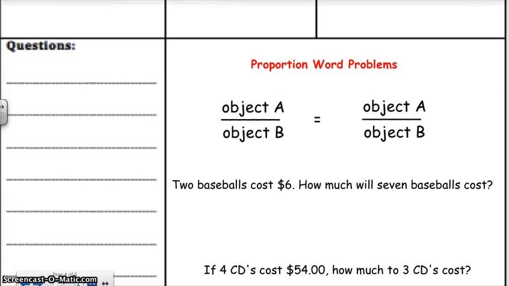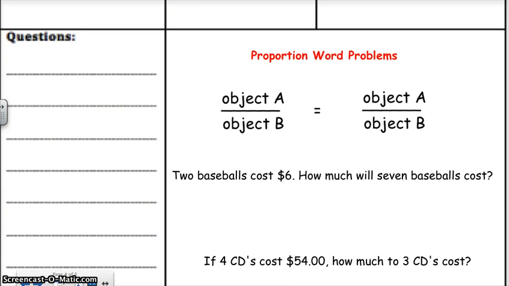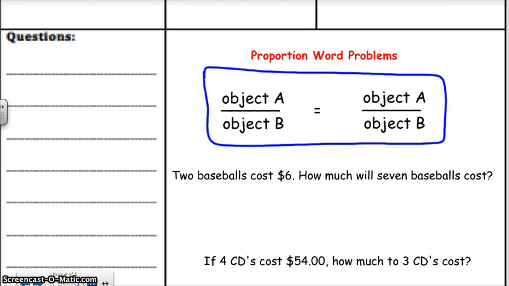Anything related to word problems is really relating it right to real life. So proportions with word problems is really my favorite part of proportions. This is pretty much the generic way to set it up. A proportion, the first thing I always do is set two fractions equal to each other.